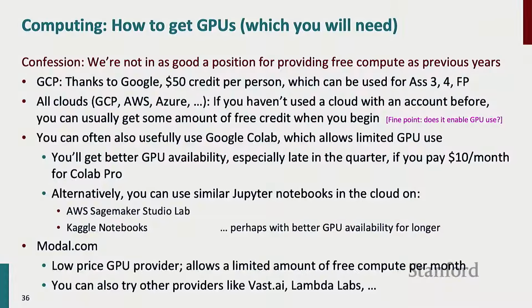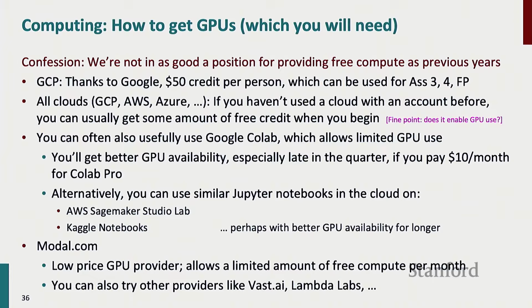Google is giving $50 credit per person on GCP, which can be used for assignments 3, 4, and the final project. On all the clouds, if you haven't used a cloud with an account before, you can usually get some free starter credits, which can be a useful thing.